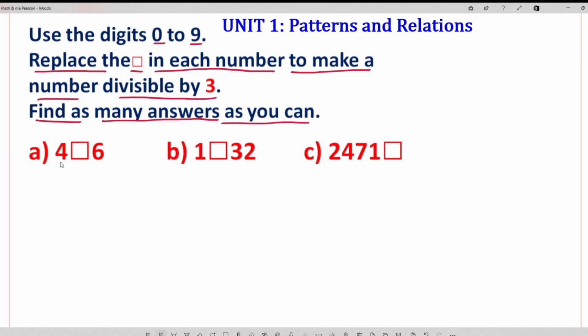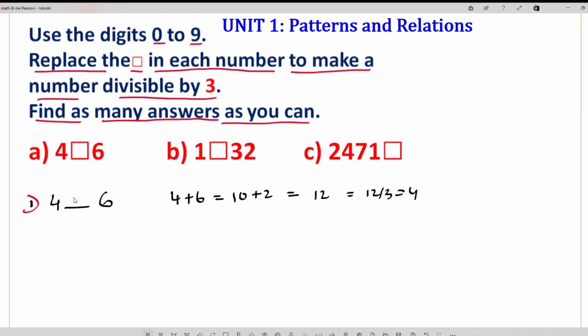Here is 4 box 6. Look, number 1, 4, we don't know the number, and here is 6. Look, 4 plus 6 is 10. So 10 we cannot divide by 3, but if we add 2, it means 12. 12 can be divided by 3.